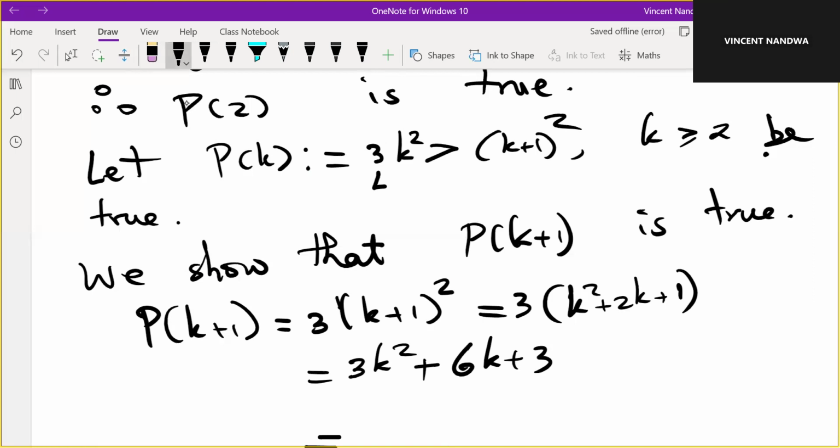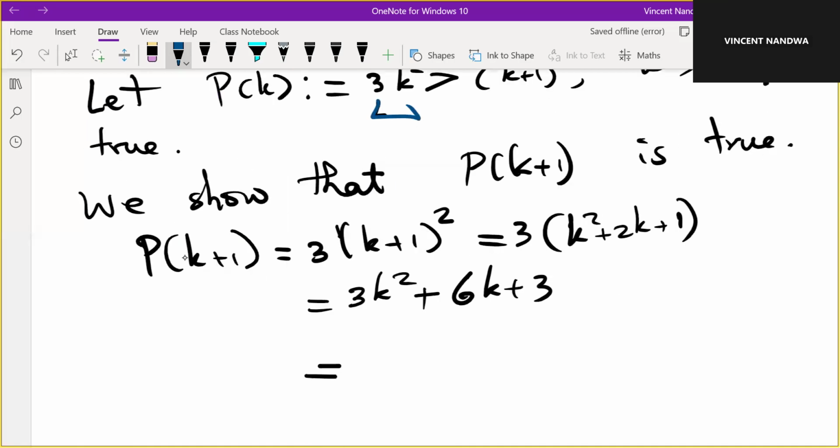I'm able to see that 3k squared is the left-hand side of the P of k statement. Yeah, so this is where we have 3k squared. So then I can replace this 3k squared by P of k, and then plus 6k, then plus 3, because this 3k squared is the left-hand side of the statement P of k. So I can actually equate that to P of k.